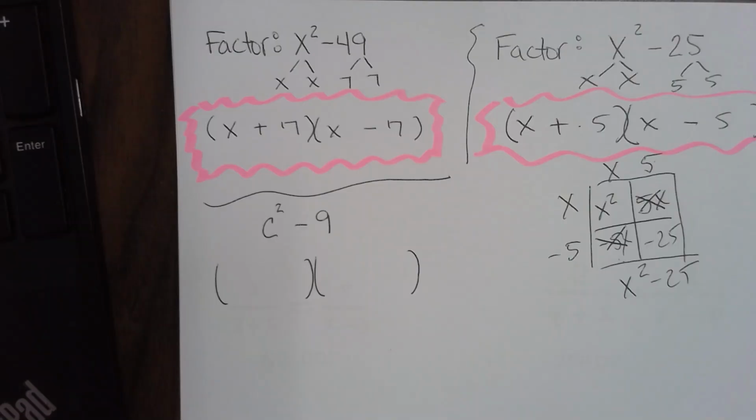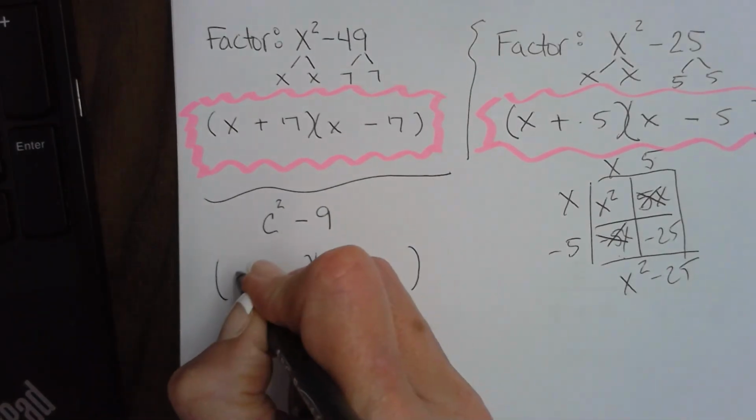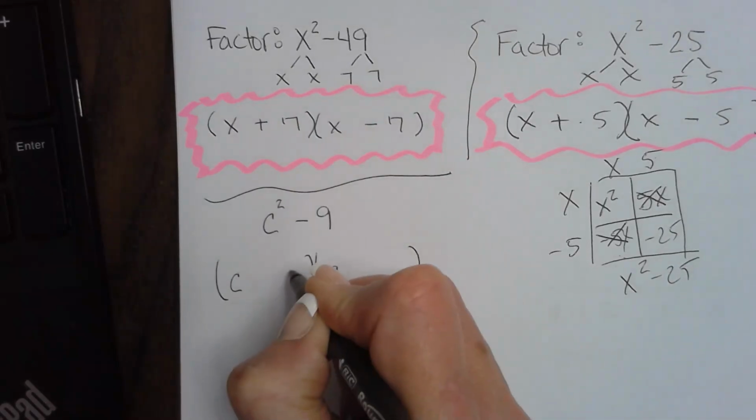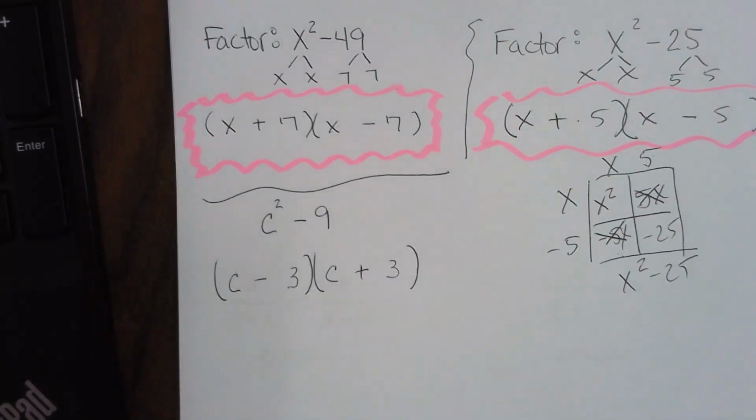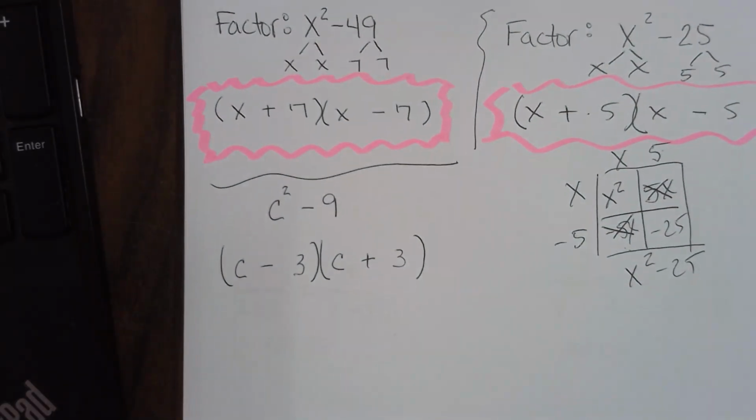Okay, so we got C's in the first slots, 3's in the last slots. One sign is a plus and one is a minus, and it doesn't matter which one is which.